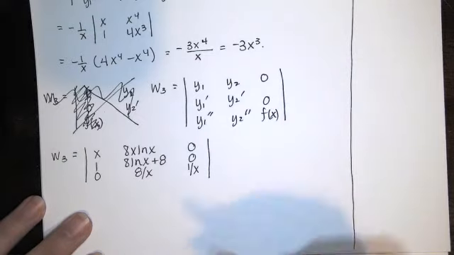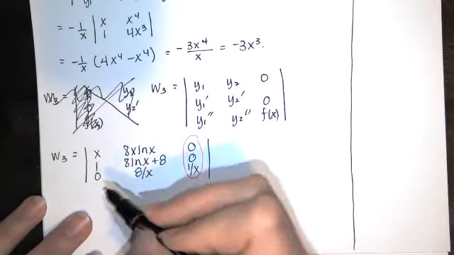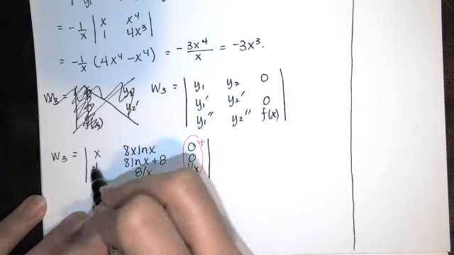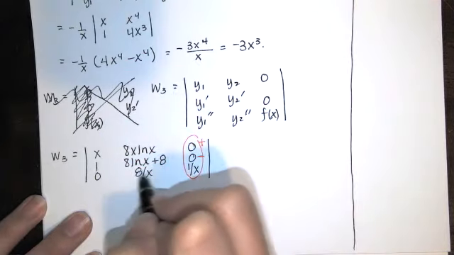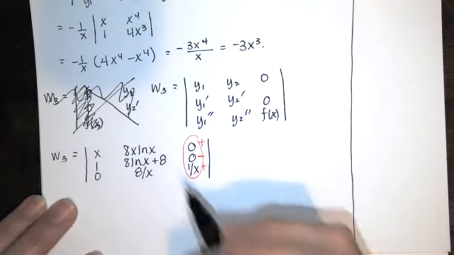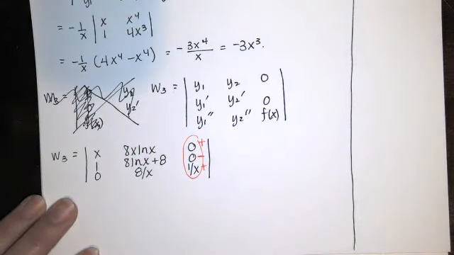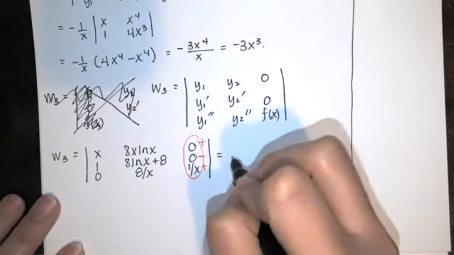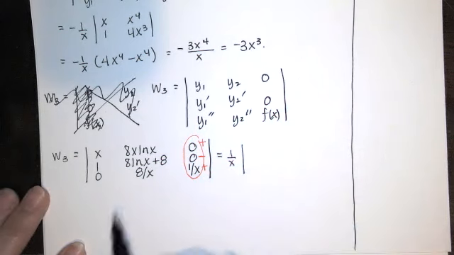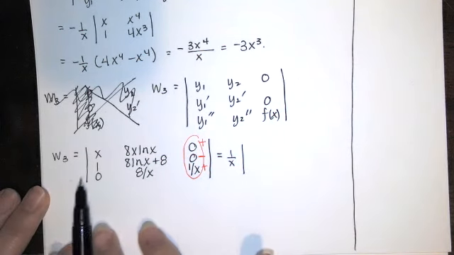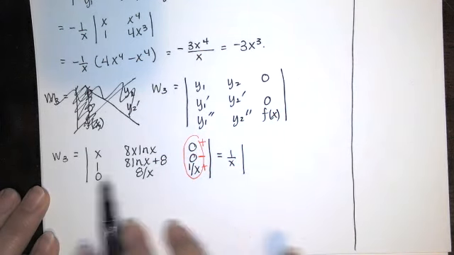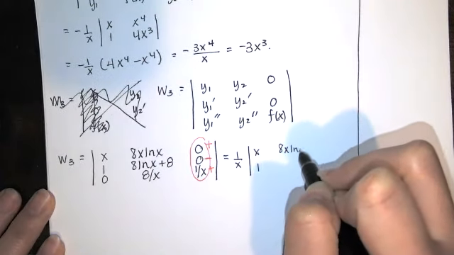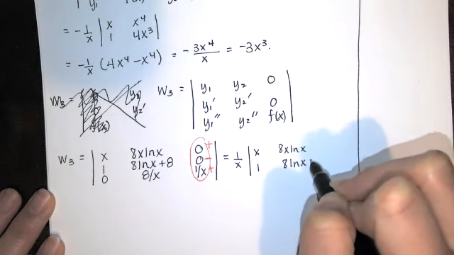Expand along the row or column that's easiest. We're going to use this one again. Sign convention plus, minus, plus, minus, plus, minus, plus, minus, plus. So we'll have 0 times a 2 by 2 determinant, minus 0 times a different 2 by 2 determinant, plus 1 over x times the determinant of the 2 by 2 that comes from crossing out this row and this column. So we've got an x and a 1 and 8x natural log of x and 8 natural log of x plus 8.